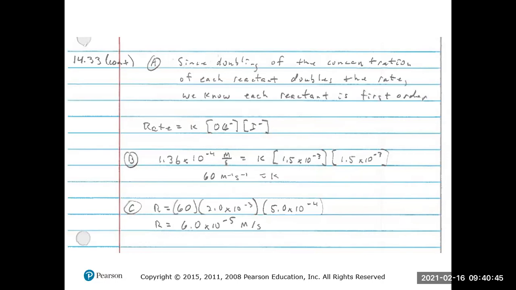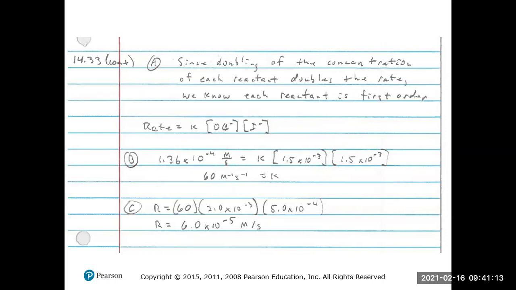And so if we write this out with each reactant being first order, we get the rate equation: rate equals the rate constant times the OCl⁻ concentration times the I⁻ concentration. Since it's first order, the powers on each of those are 1.